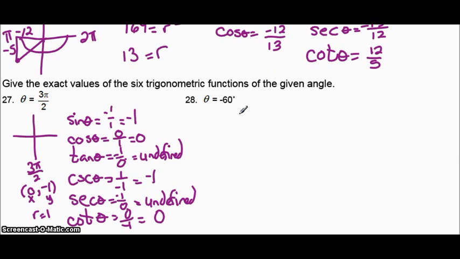Okay, theta equals negative 60 degrees. Alright, give the exact values. Well, negative 60 means come down this direction 60 degrees. But that means its reference angle is 60 degrees.